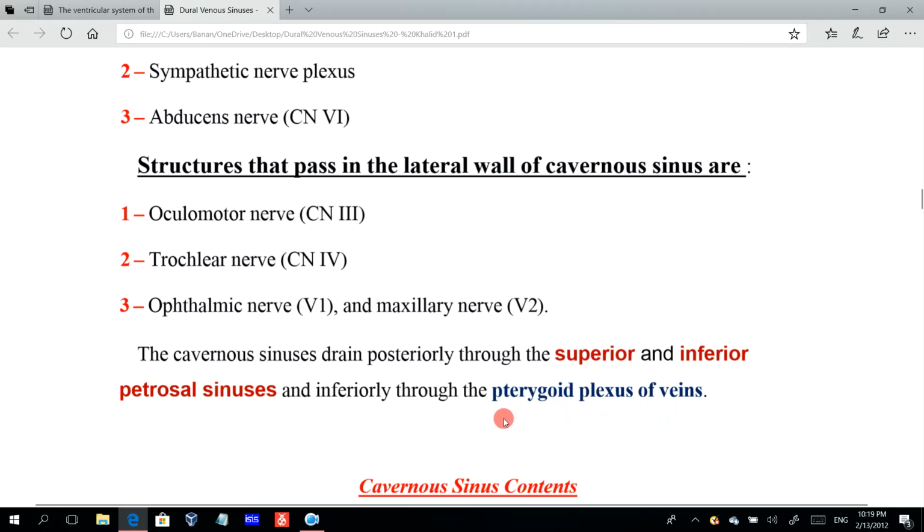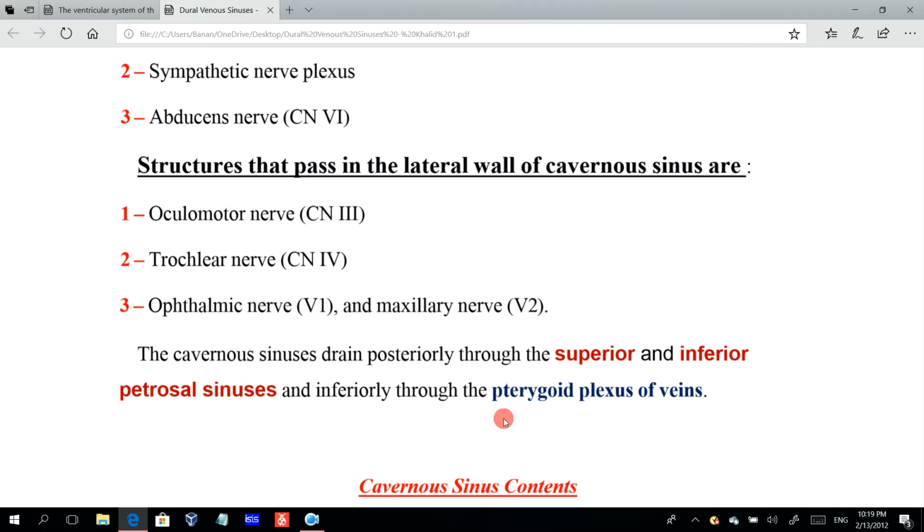You see, this cavernous sinus has free communication with the outside of the cranial cavity, so any infection in the tissues drained by the veins that connect to the cavernous sinus may reach the cavernous sinus.